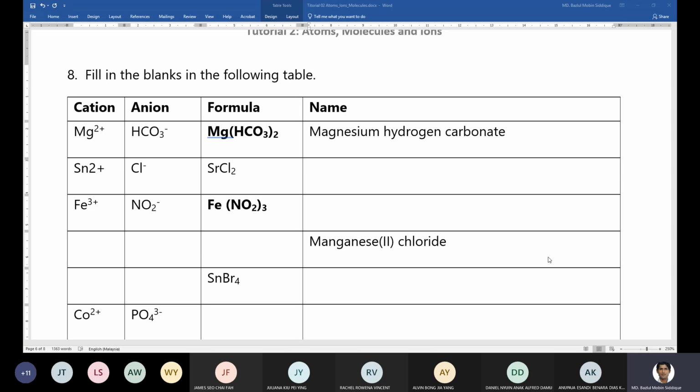You are already familiar with this. Yes, there will be calculation-based questions as well, like mole, molarity, all those things that we have learned.